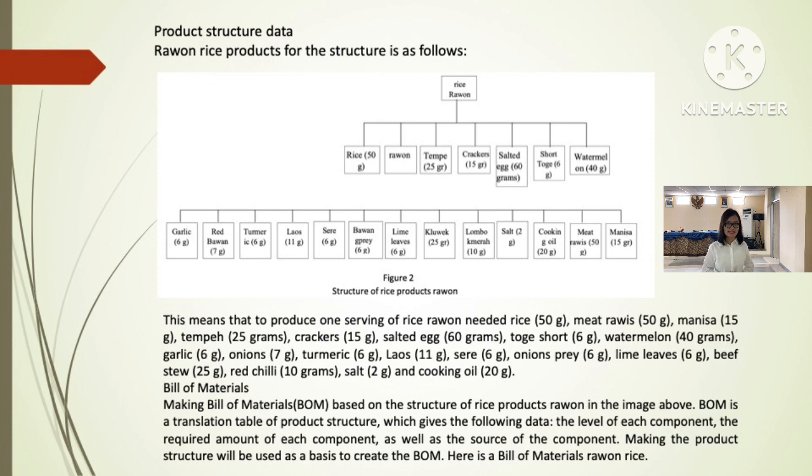Bill of materials. The bill of materials is made based on the structure of the rawon rice product in the image above. A bill of materials is a translation table of product structure which gives the following data: the level of each component, the required amount of each component, as well as the source of the component.